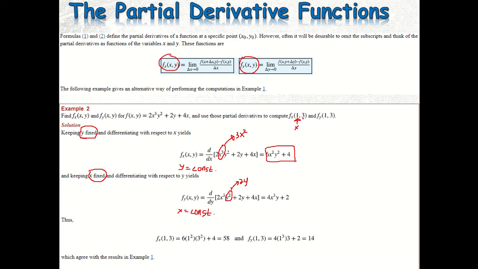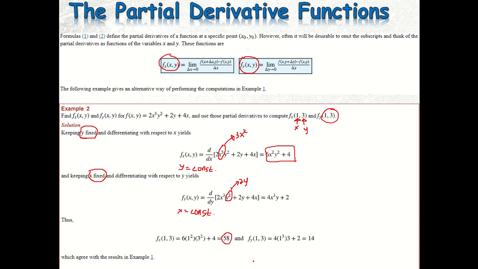When you take the partial derivative with respect to x, that's the same for this part here. So substituting the values, 6 times x squared, so 1 squared, times y squared, our y is 3, so 3 squared, plus 4. When you evaluate this, it gives us 58.